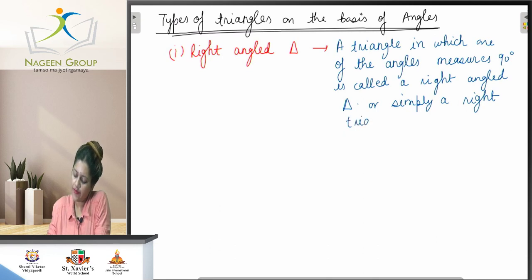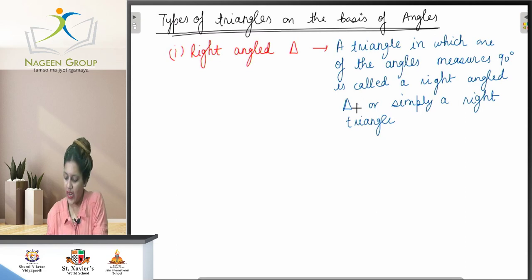It means it has two names. First one is right angled triangle and another name is right triangle.